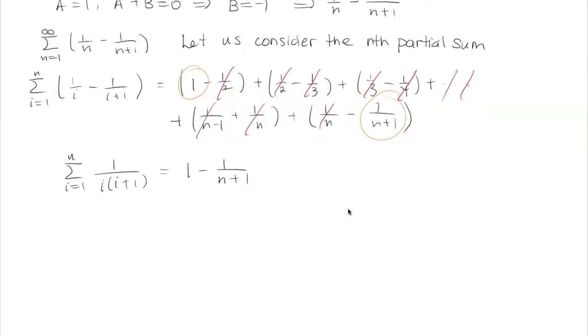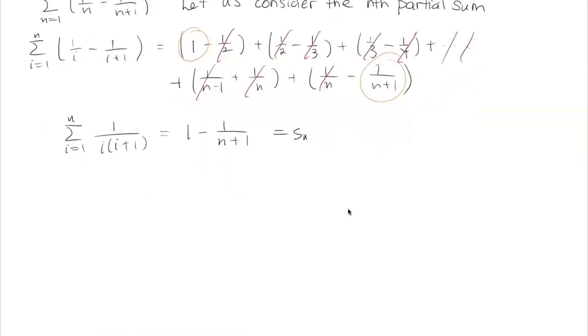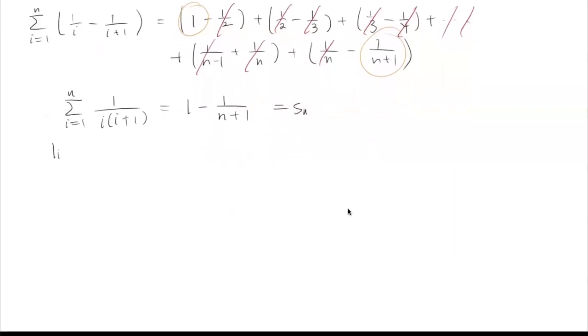Now, let us take the limit on both sides. So this is the nth partial sum, right? By taking the limit as n approaches infinity of Sn, we're taking the limit of this sum.